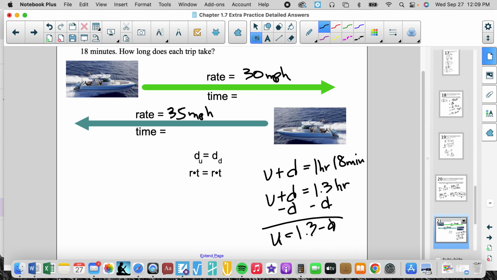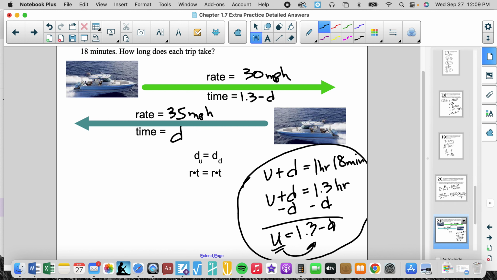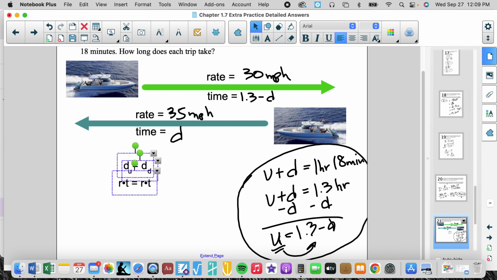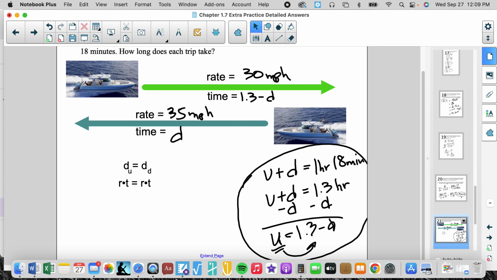So if we use D for downtime, downstream, and instead of using U, we have U in form of D. You see how we were able to use the same variable by using this little piece? That is an advanced math concept, something you would learn in science, as I spoke to, volume.